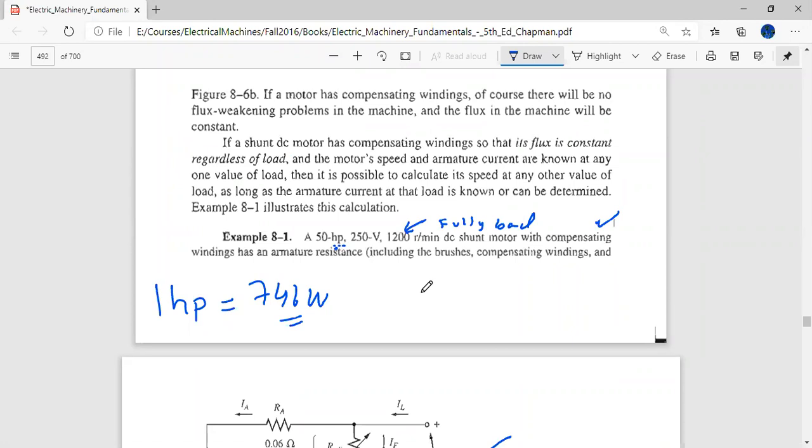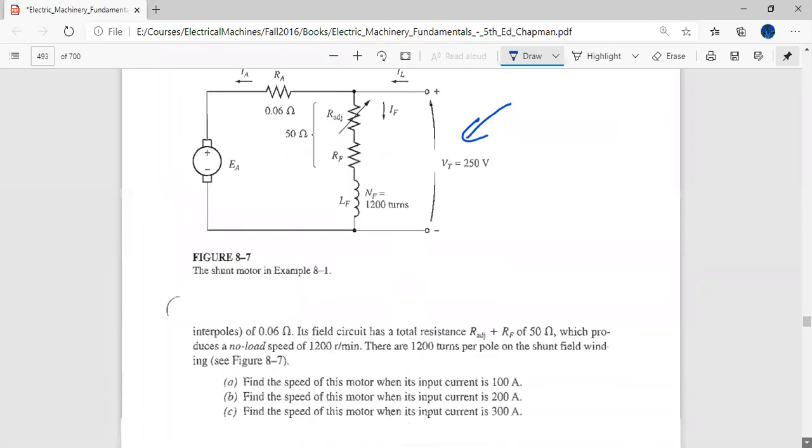Otherwise, if that fact hadn't been mentioned, it would have been the full load speed, because the ratings of the motor and the generator are at rated loads. But since the question has specified it, we now know that this 1200 is the no load speed.